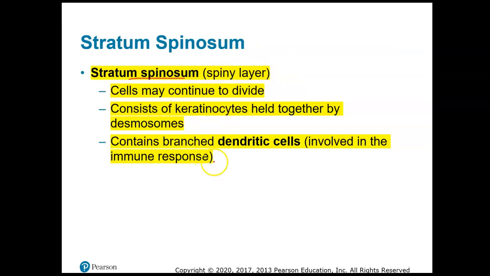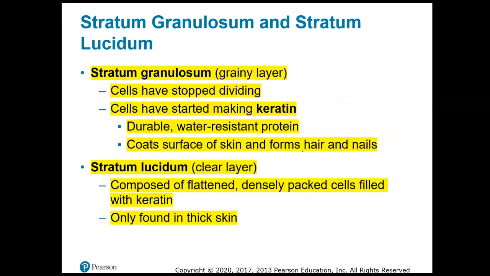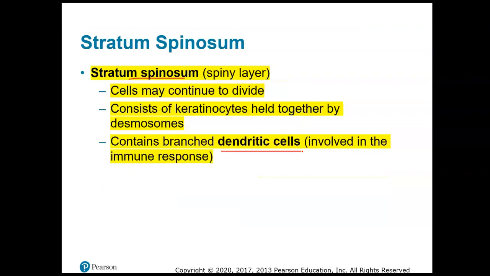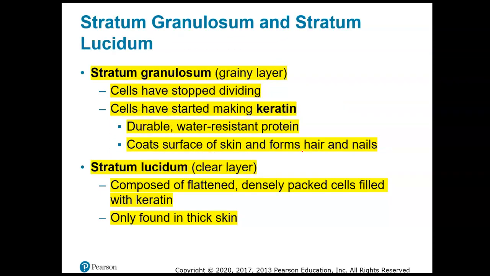And we find dendritic cells within the stratum spinosum. They have extensions. They are involved in the immune response. I'll show you a picture in a minute, but they're kind of like macrophages for the epidermis of the skin.